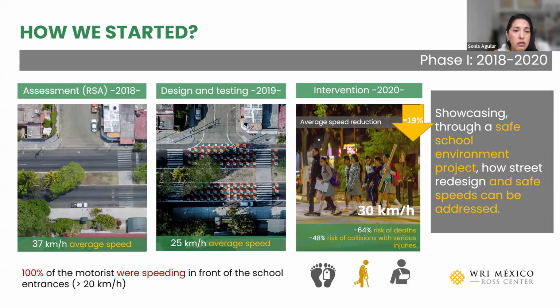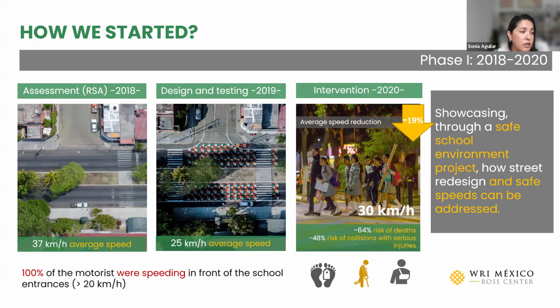This means that no one respected the speed limit. We are talking about an arterial road with a posted speed limit of 60 kilometers per hour, and when I say no one was respecting it, we had speeds over 100 kilometers per hour around school environments.